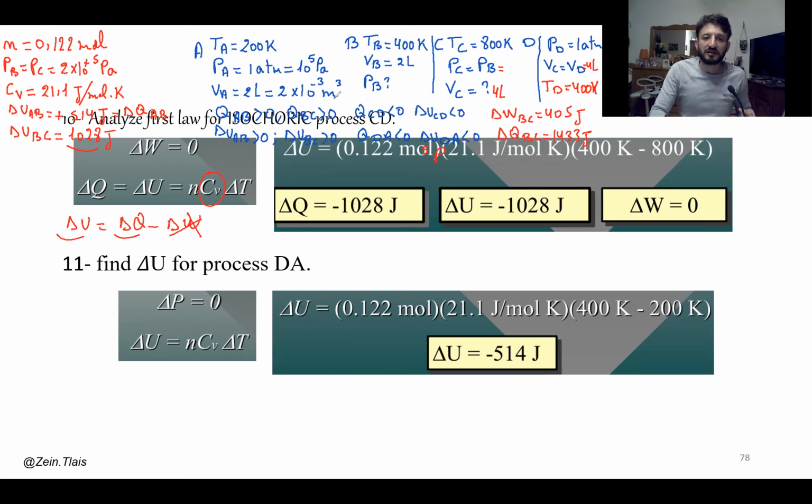You get finally the value of delta U and delta Q. As we have cooling from the point C to D, delta U must be negative and delta Q must be negative. So here we have delta U CD equals minus 128, which is equal to delta Q.